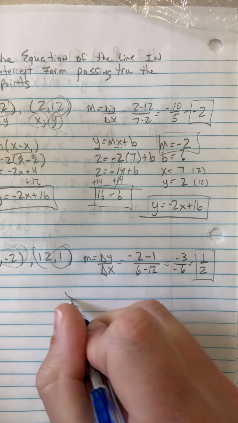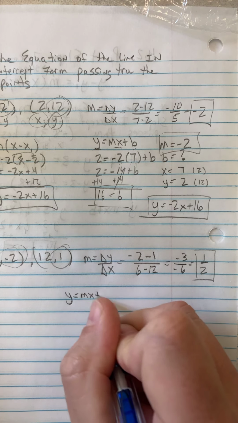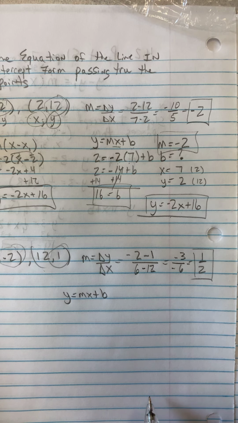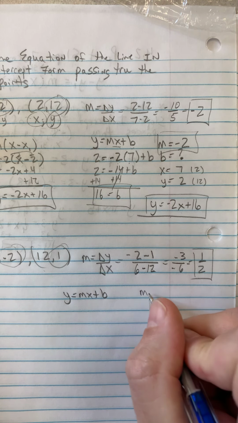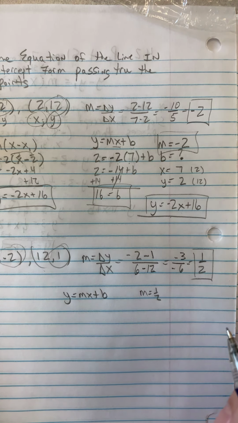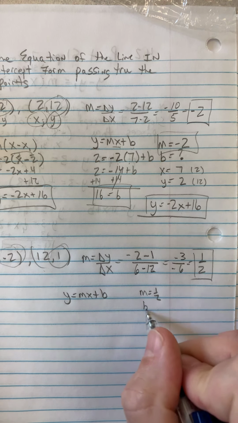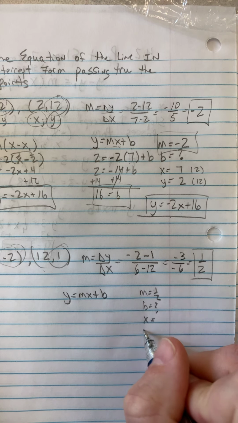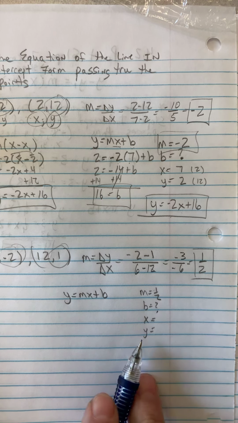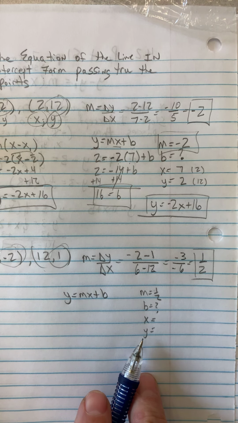Now remember, we want to write this in y equals mx plus b. We know our slope is 1/2. I don't know what b is. I need those two. You have an x and you have a y. Which one do you want to choose? Well, I don't really care.